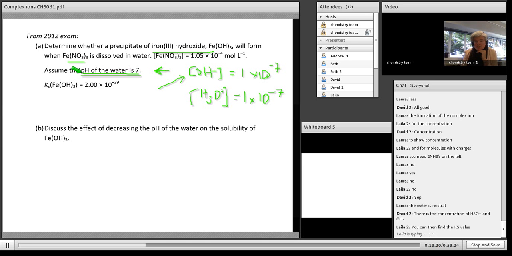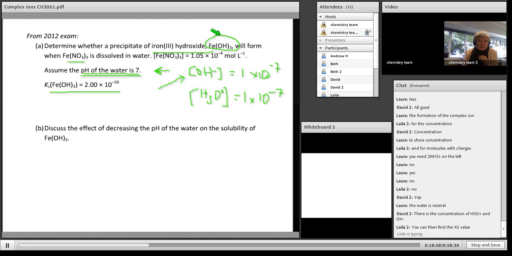The Ks value is given, but it's because the hydroxide is for that insoluble salt, FeOH3. So we need to know the concentration of the hydroxide to substitute in, and I think that's what you might have meant, Leila.